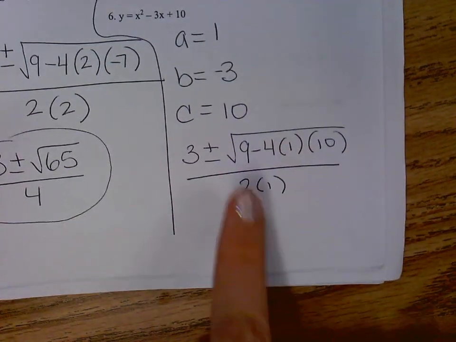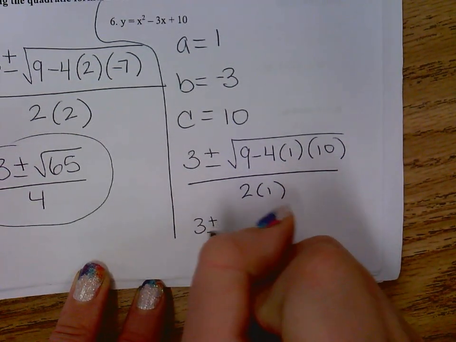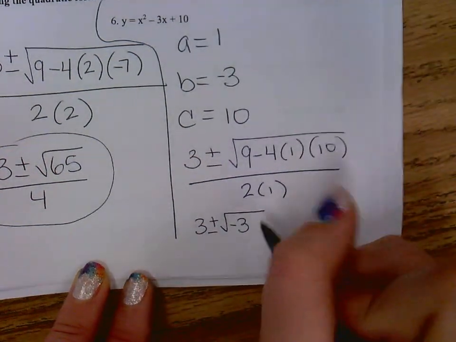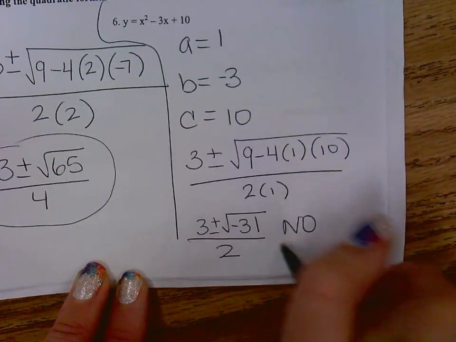I'm taking 9 and I'm subtracting 40. Can't do that, right? Can't take the square root of -36. Because this would be plus or minus the square root of negative, oh no, not -36, -31. Is that what it would be? All over 2? No solution.